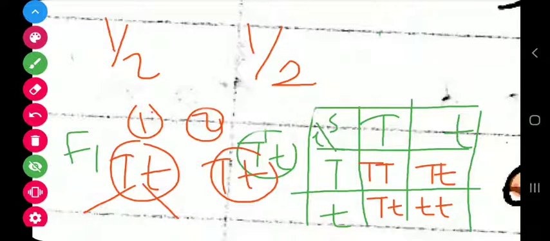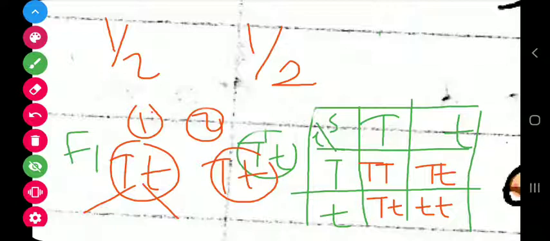Now these two occur in two different organisms and they are independent of each other. They're separate, right?